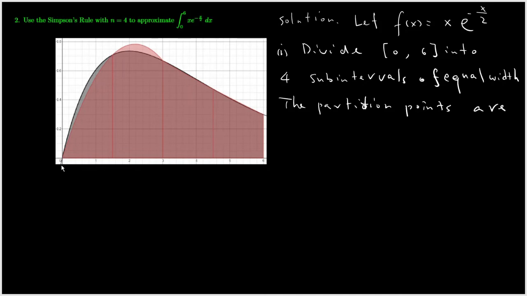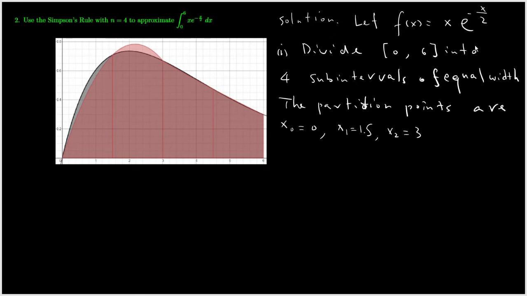So the partition points are the far left endpoint, x0, 0 of course. And then the next partition point, x1, is 1.5. And x2 is equal to 3.